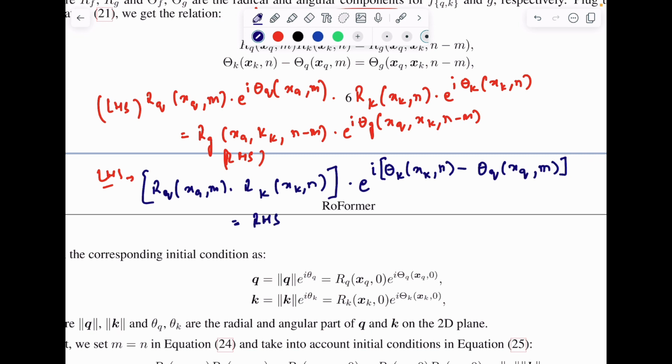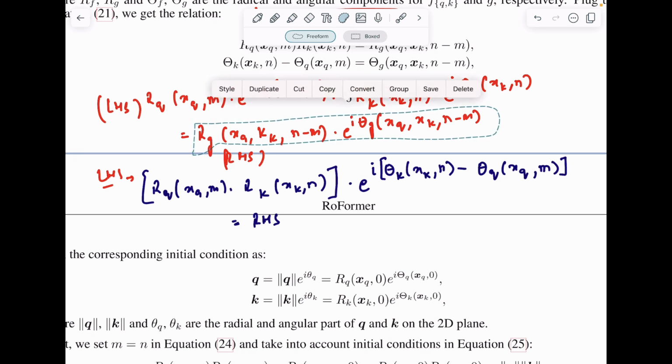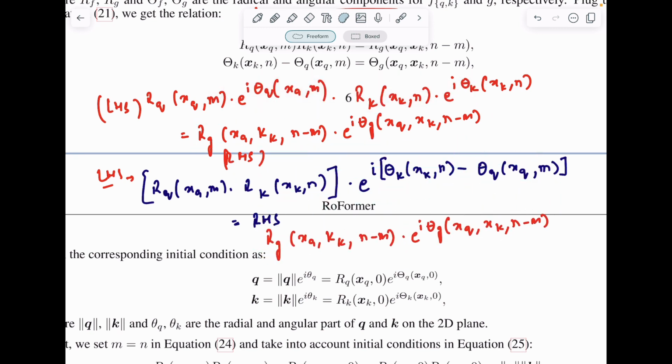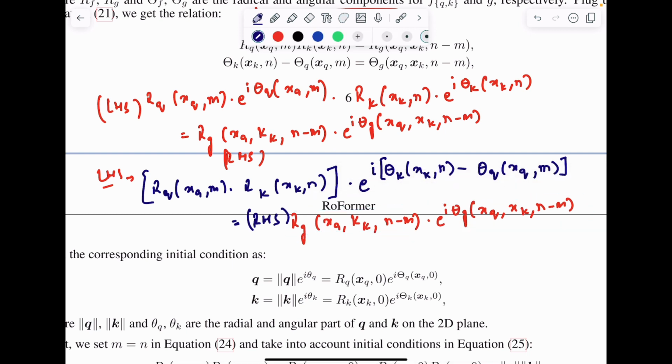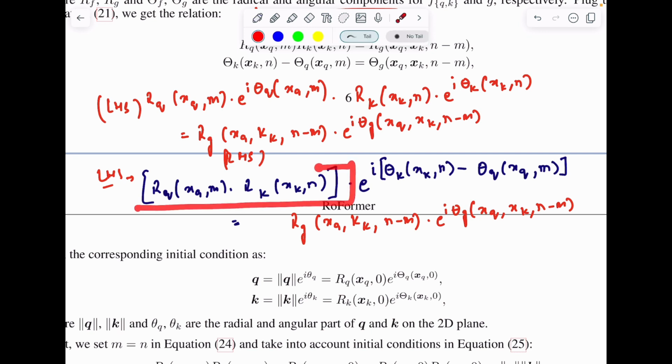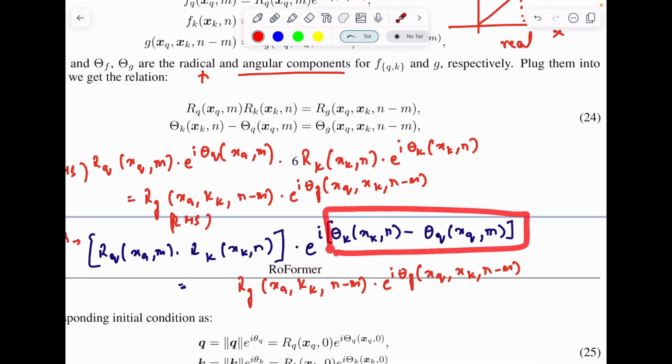So now what we can do is, let me just copy paste this here, RHS here, that's what it is going to be equal to. Okay. So now what happens is that we simply equate the magnitude part with the magnitude part of the LHS and the RHS, and similarly this difference will be equal to this particular value, and that's what has been represented in the 24th equation.